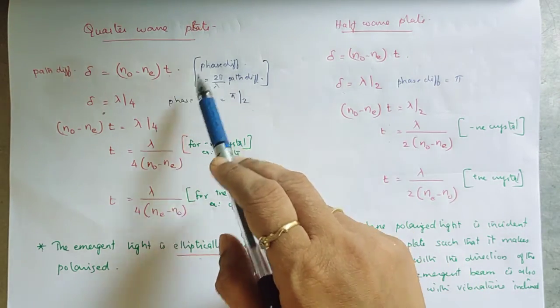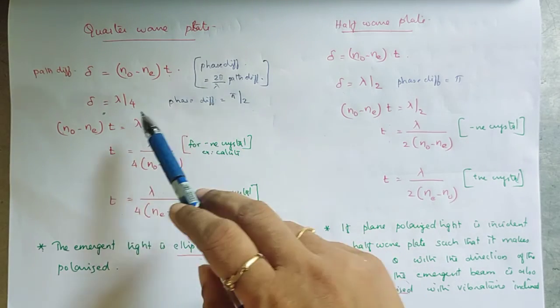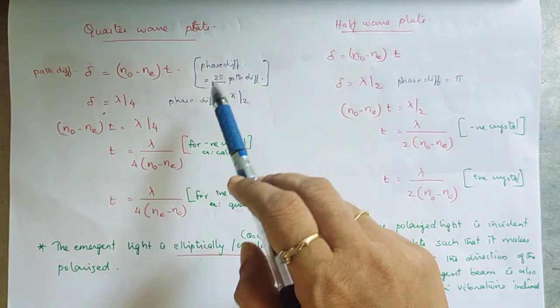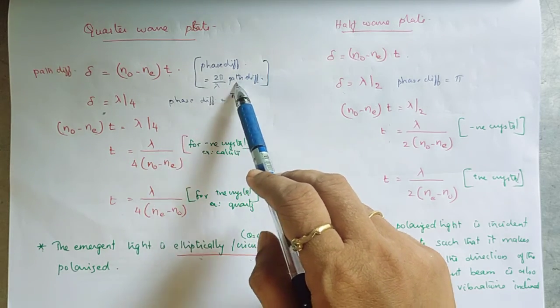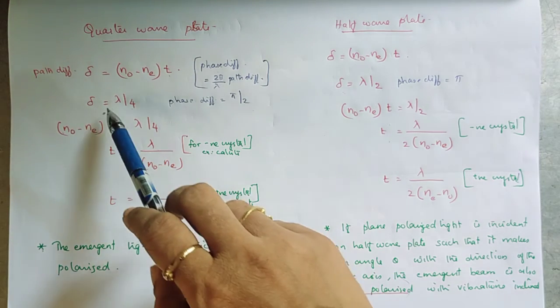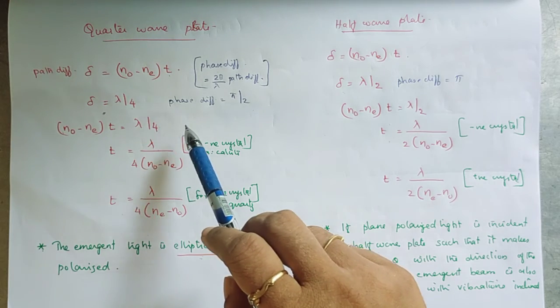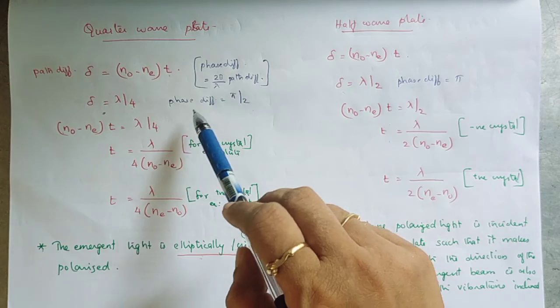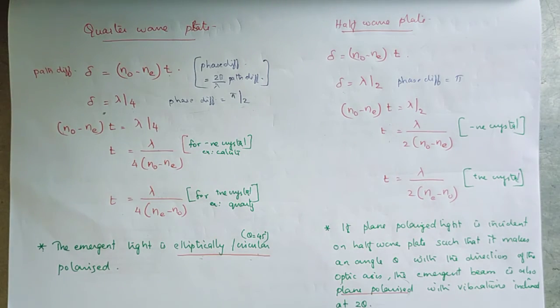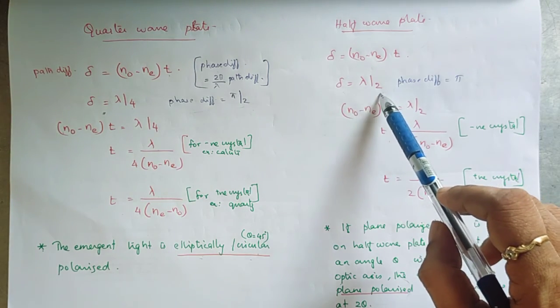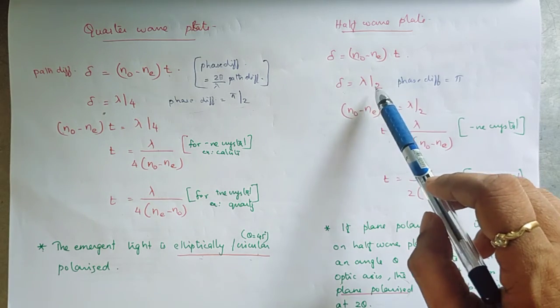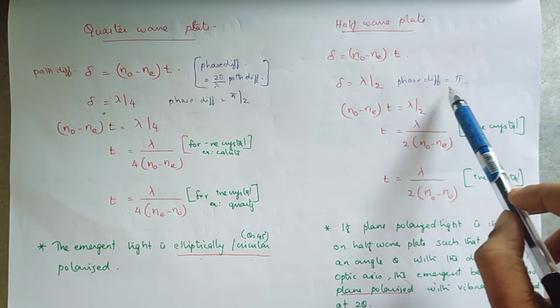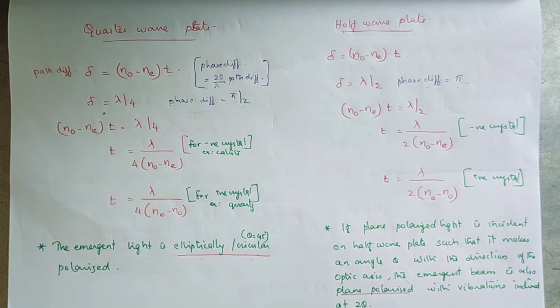Also note that phase difference and path difference are connected: phase difference is equal to 2 pi by lambda into path difference. When the path difference is lambda by 4, the phase difference is pi by 2. When the path difference is lambda by 2, the phase difference is pi. Just note these points. Thank you.